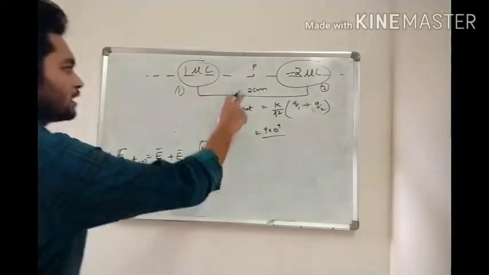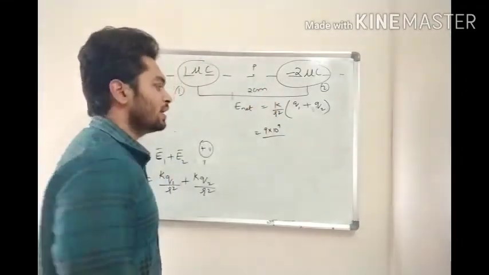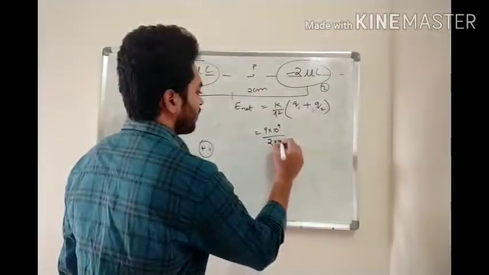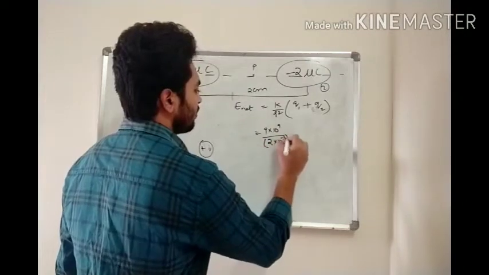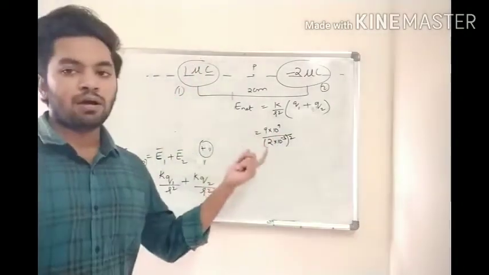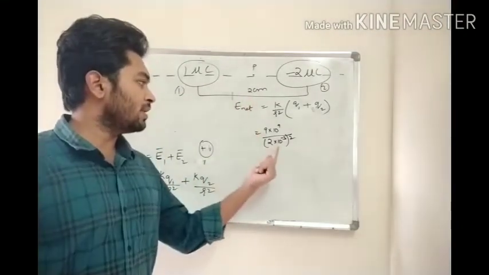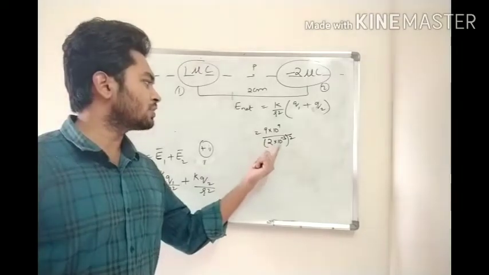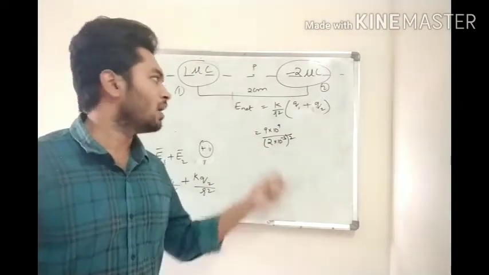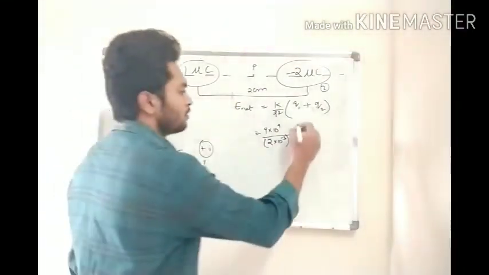What is R square? Distance is 2 centimeters. This is in centimeters, so how can I write it? 2 into 10 power minus 3 meters whole square. I am writing all of them in SI units, so I am converting centimeter to meter. So 2 centimeters is 2 into 10 power minus 3 meter. I have a square here, R square, so whole square into Q1.